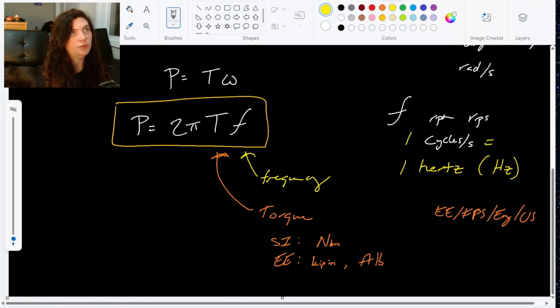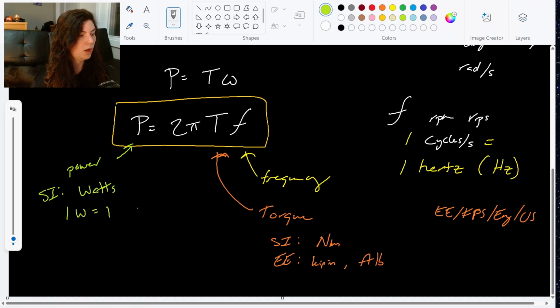Which makes our units for power extra interesting, right? So power in SI units, the SI unit for power is a watt. We measure power in watts. Just like your light bulbs are measured in watts, it's a measure of power output, where 1 watt is the same as 1 Newton meter per second, which checks out, right?